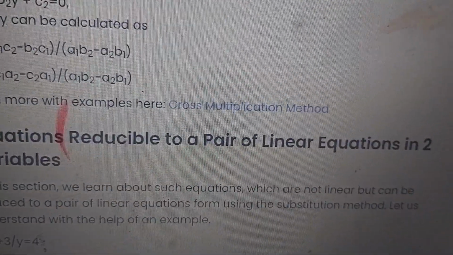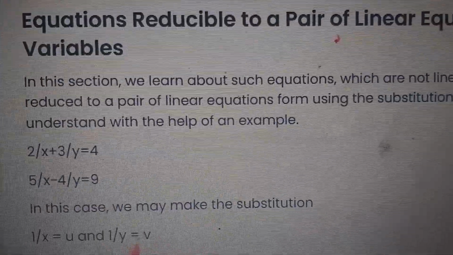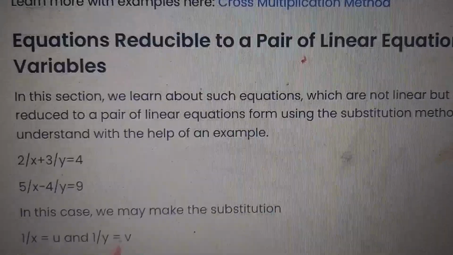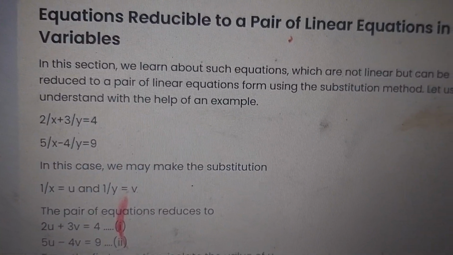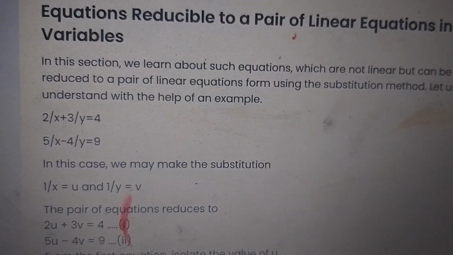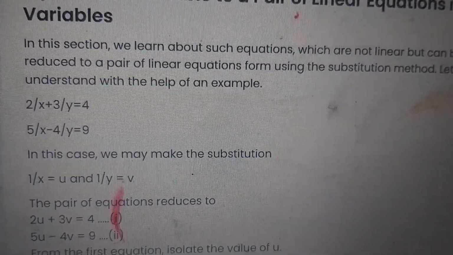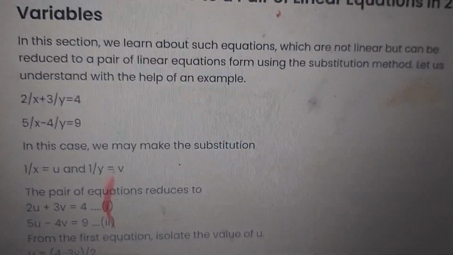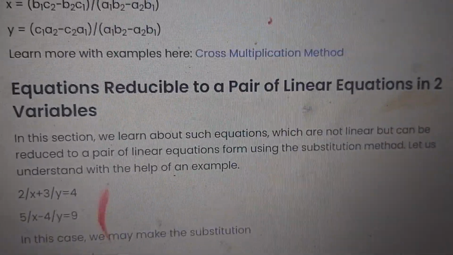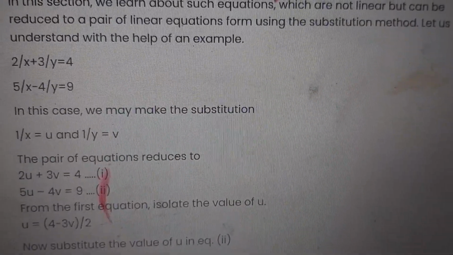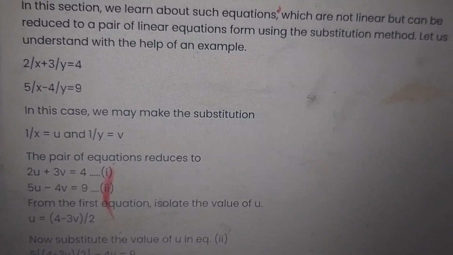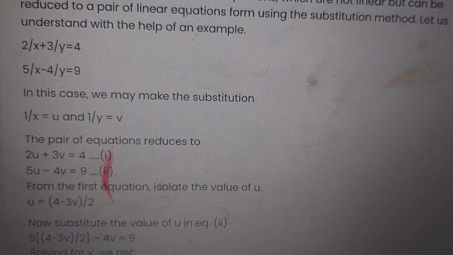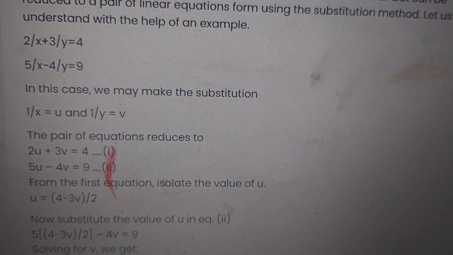Now, equations reducible to a pair of linear equations in two variables. Here we use the substitution method. With the help of an example, 2 by x plus 3 by y, two variables and two equations are given. In this case, we make the substitution 1 by x equal to u and 1 by y equal to v.